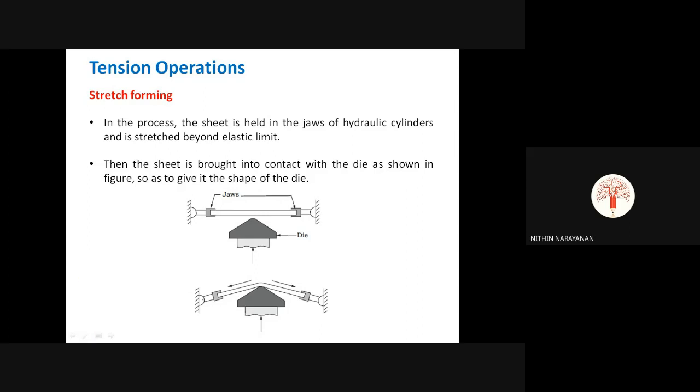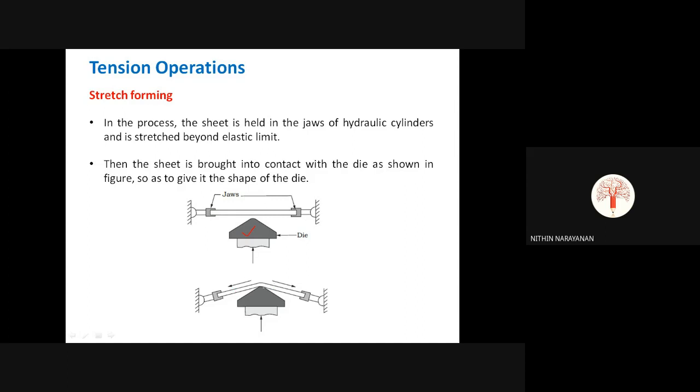So as shown in the figure, there is a die here. Initially, using some hydraulic force, we elongate the sheet material by fixing it in clamping devices like jaws. After stretching it beyond the elastic limit, the die moves towards it as shown in the figure.